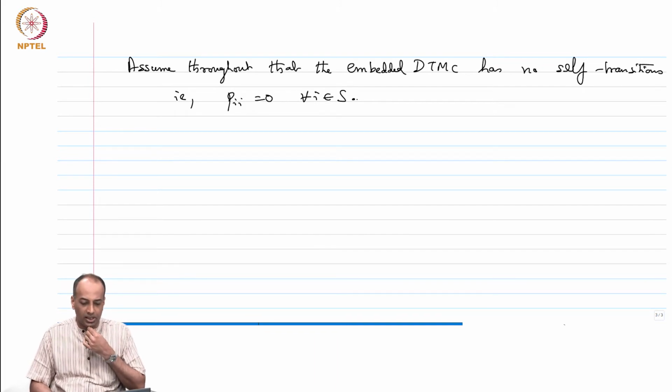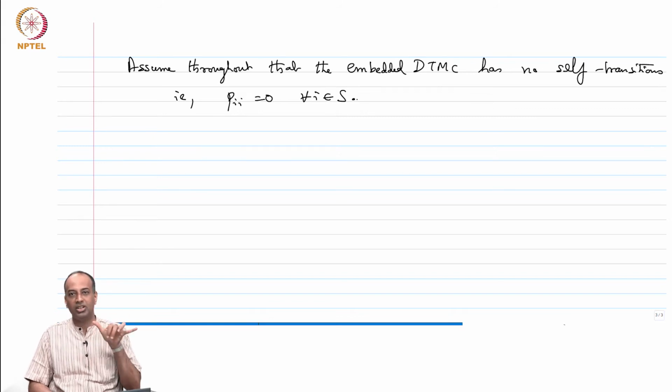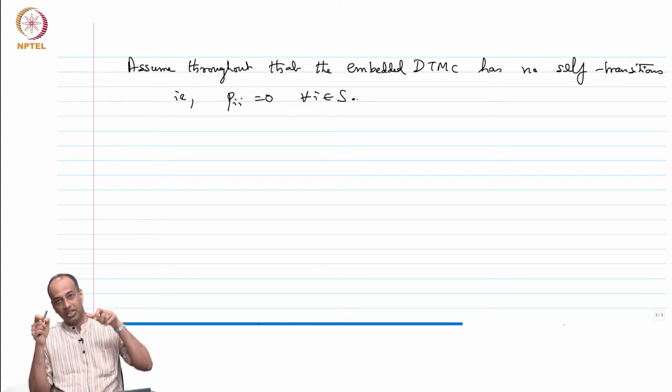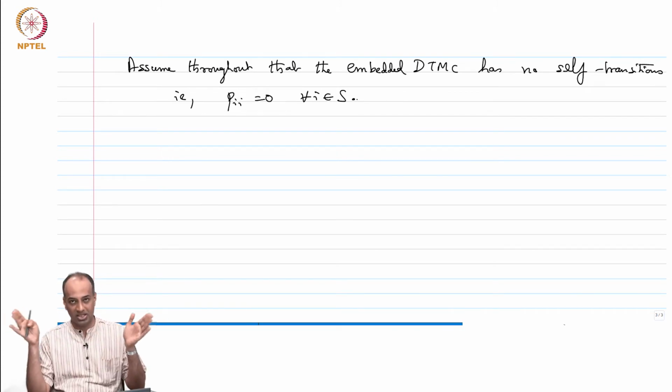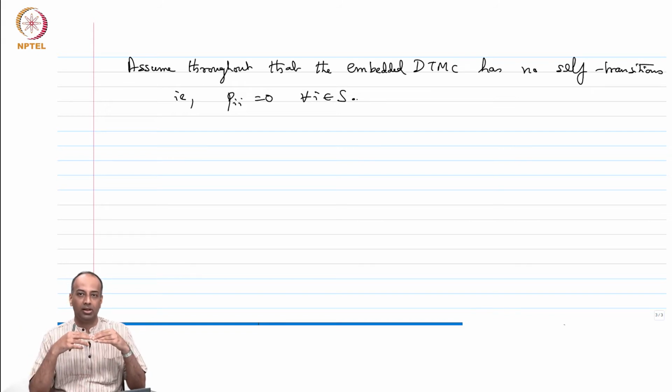The other is that if you do not have these self transitions, there is a nice equivalence between specifying the exponentials ui and the Pij's, and the sample paths of the embedded Markov chain Xn and the ui's and the sample path of the X(t) process. There is a one to one relationship between the X(t) sample path of the CTMC and the Xn sample path of the embedded Markov chain and the ui's.